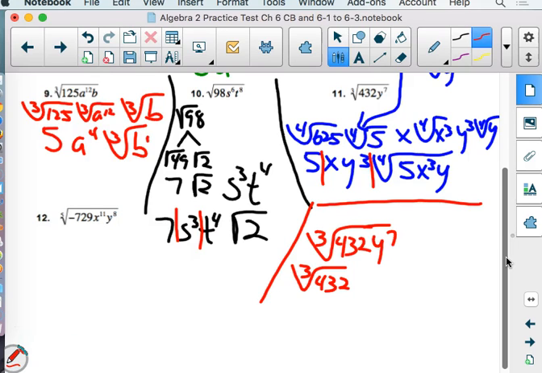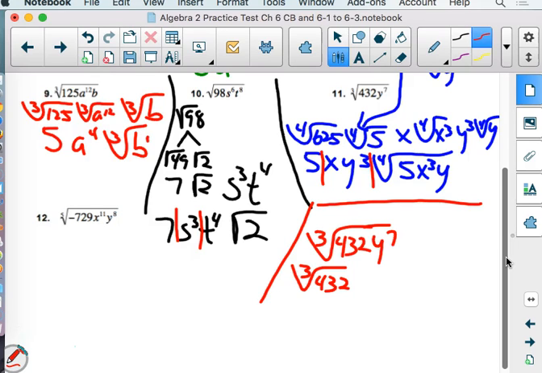That was 2 cubed, and no, we can't take anything out of there that's a perfect cube. 27 times 8, 216. 432 divided by 216. How many of you would have caught that? How many of you would have said, yes, it's 216?